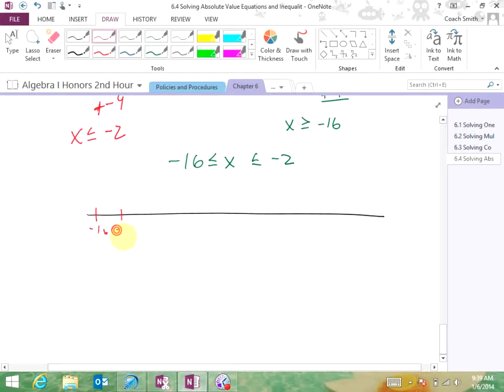Negative 16, negative 14, negative 12, negative 10, negative 8, negative 6, negative 4, negative 2, 0, 2. So if I was to graph that, I would simply do this. It has to be greater than negative 16. Okay? Well, that means it's going to go this way, is greater. So I'm just going to take it and go all the way to negative 2.